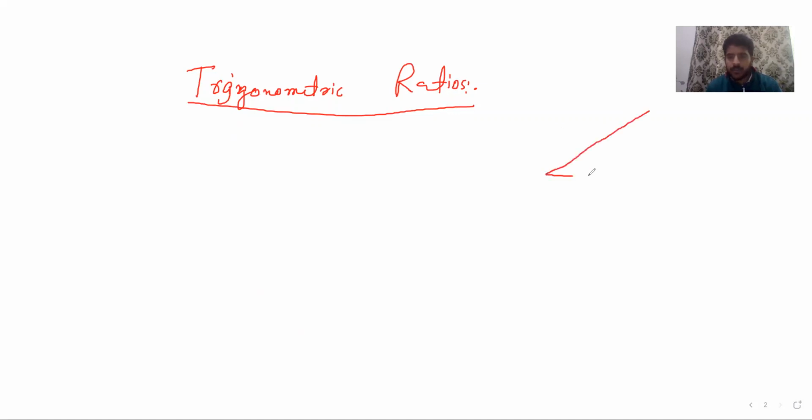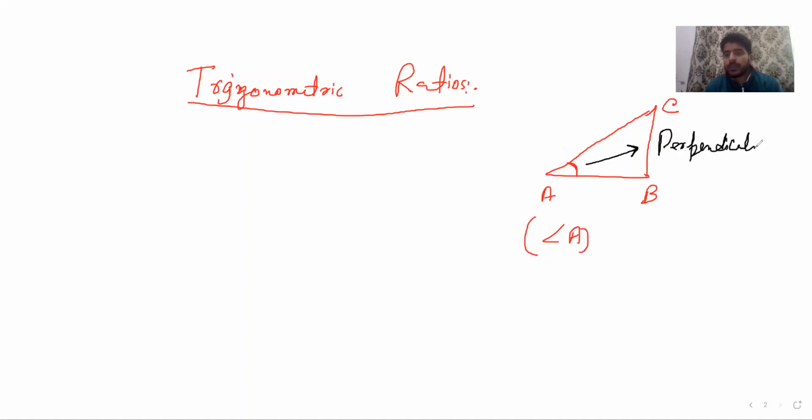If this is your right angle triangle, A, B, and C, if we measure all the things with respect to the angle A, then the side opposite to this angle will be called your perpendicular.